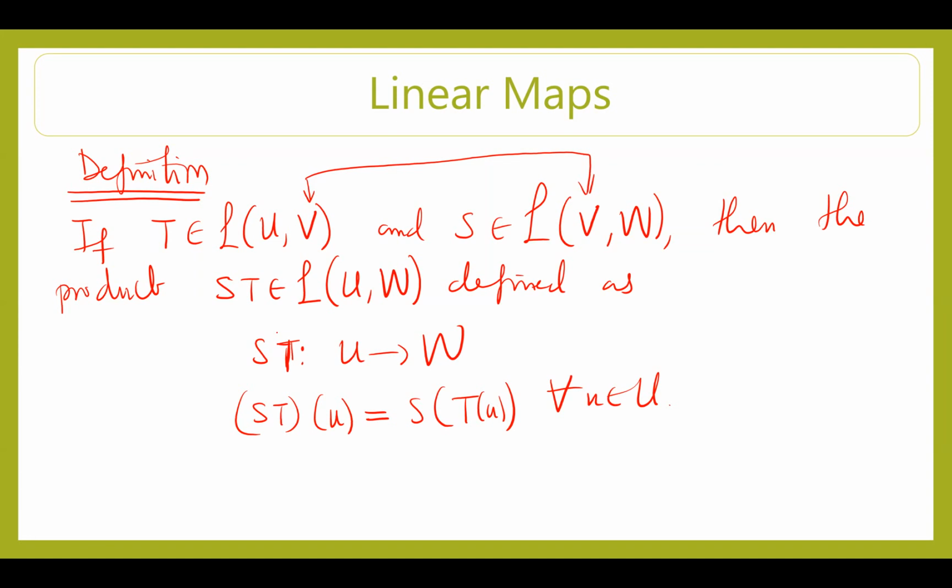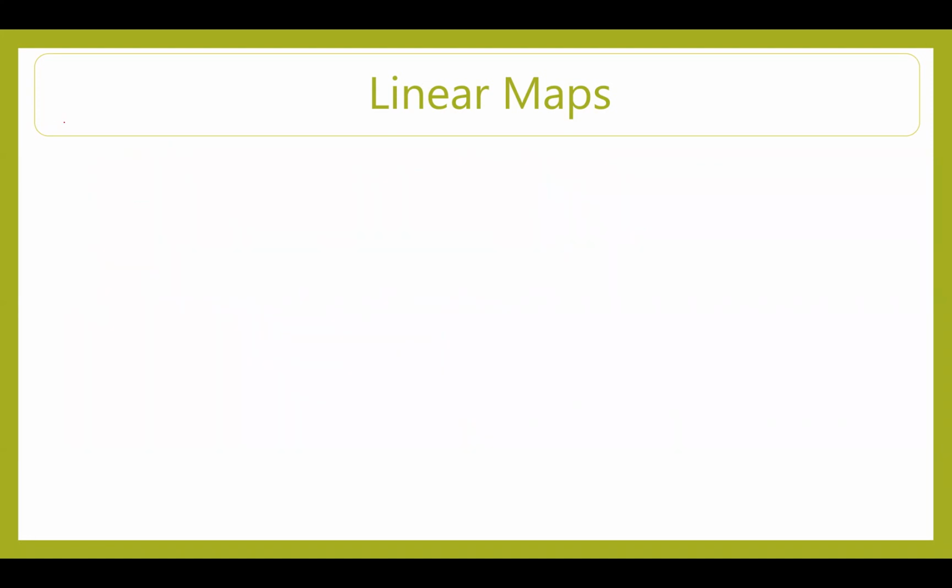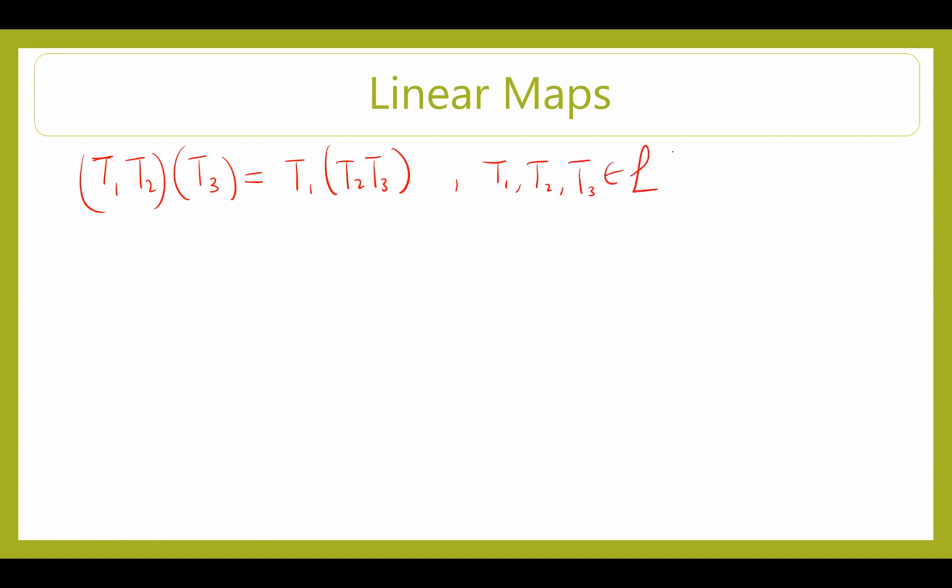Because L is a vector space, you can get so many properties. For example, T1 times T2 times T3 is T1 times T2 times T3 regrouped, associativity. So it's expected that T1 up to T3 are linear transformations, and the product makes sense.